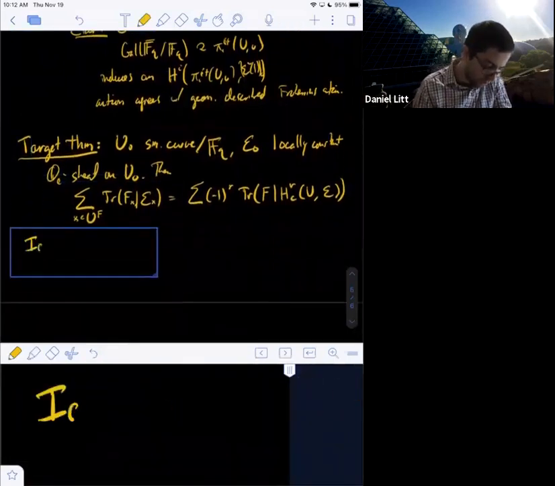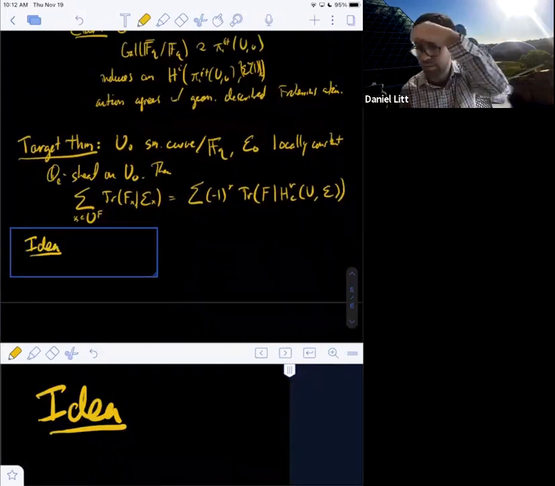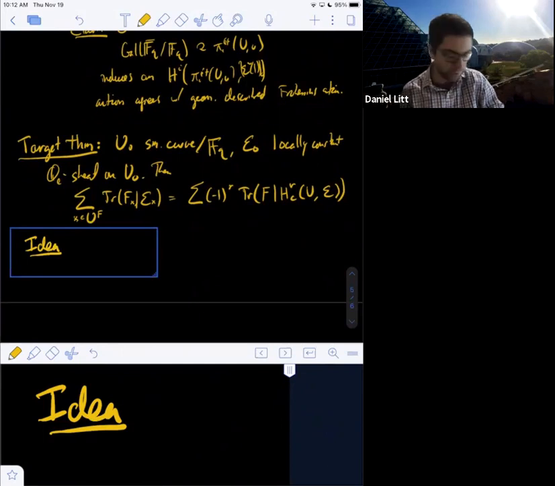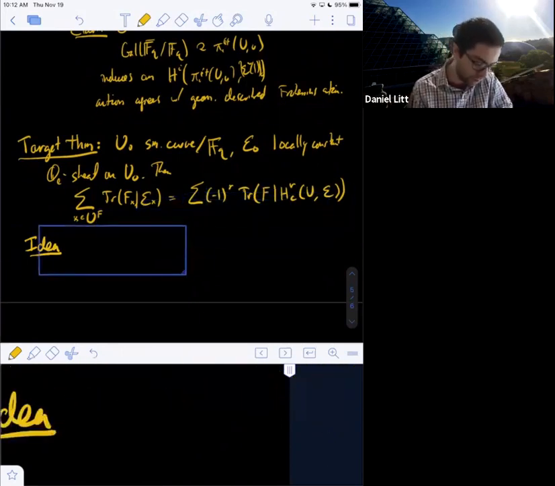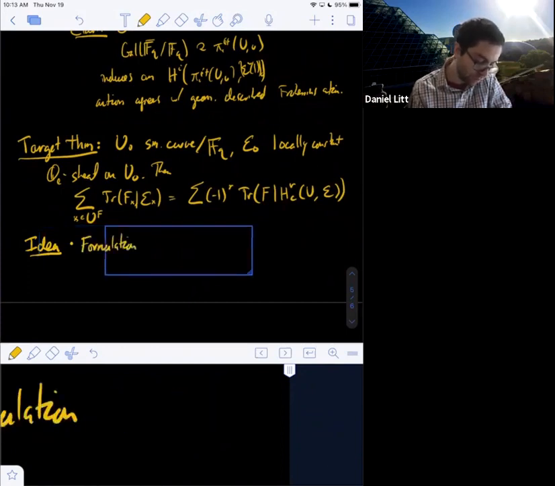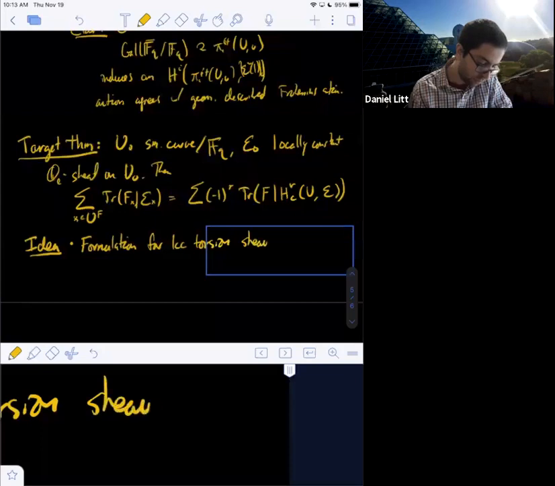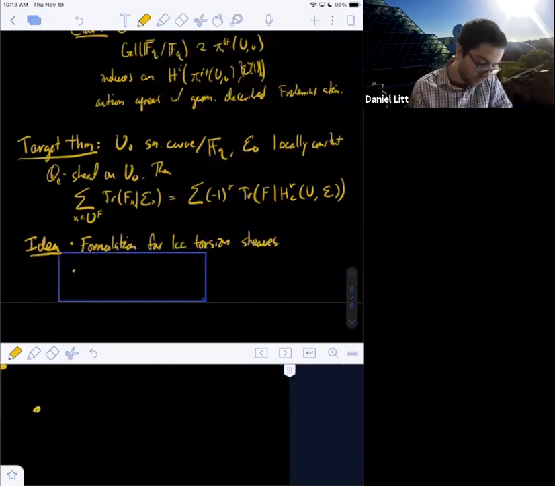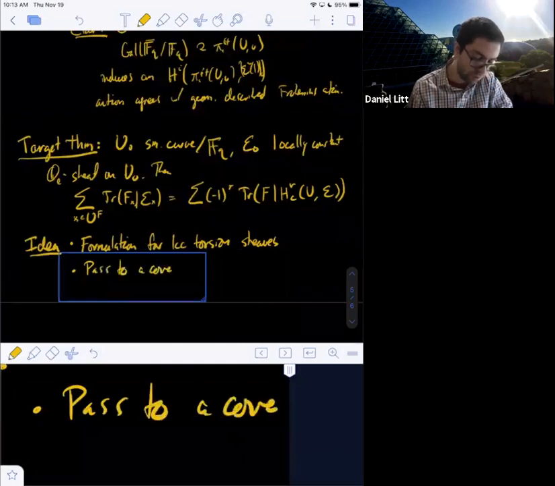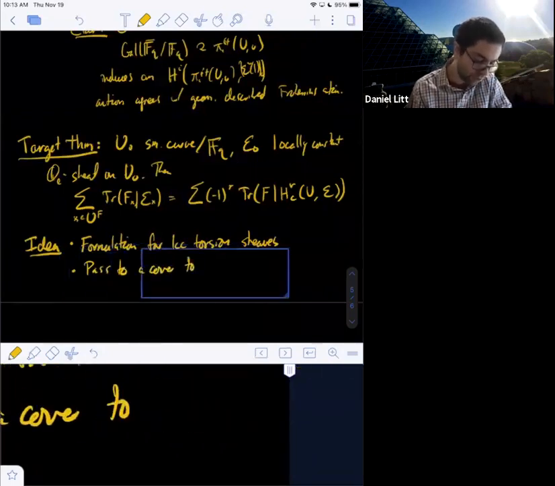So the idea is as follows. Step 1 is we first want a formulation for LCC torsion sheaves. Then we'll try to pass to a cover to reduce to the case of constant sheaves.